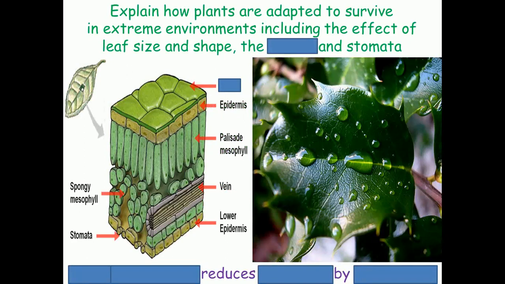Plant adaptations. So explain how plants are adapted to survive in extreme environments. So this could be examples like cacti that need adaptations to live in hot, dry conditions. And there are different types of adaptations you know about, such as the leaf size and shape and the stomata. But one of the adaptations you need to know about is the cuticle.